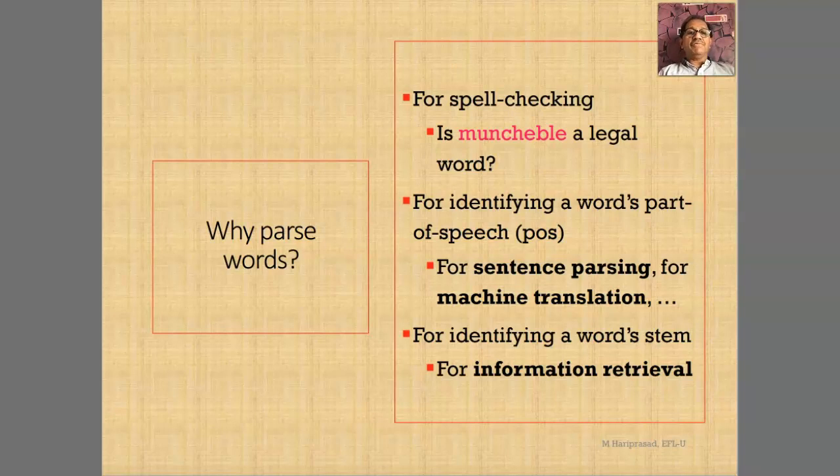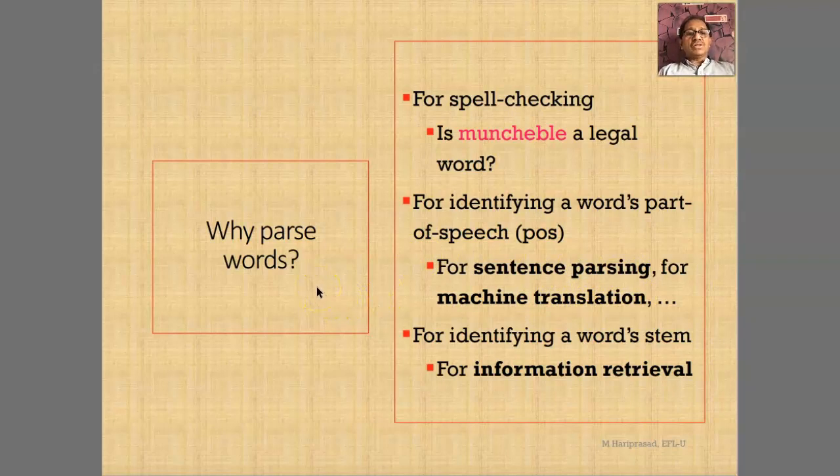For example, if you find a plural morpheme on a particular word, then that word is a noun. Or if you find a past tense morpheme on a particular word, that word is a verb, right? So a morphological parser helps us in developing a parts of speech tagger, and a parts of speech tagger helps us in sentence parsing or machine translation and so on.